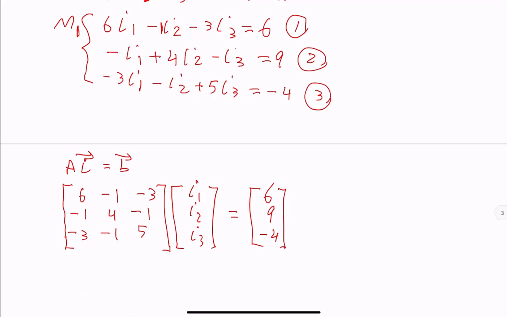And we notice that the coefficients matrix has some properties. First of all, numbers on the main diagonal are positive. Second, all off-diagonal numbers are negative. And finally, it's symmetric with respect to the main diagonal.